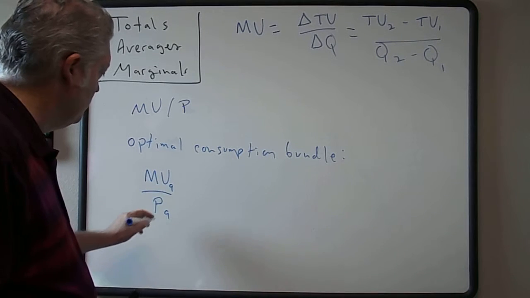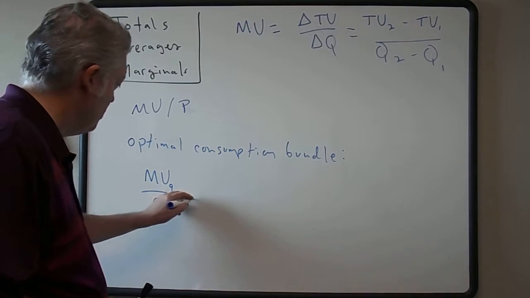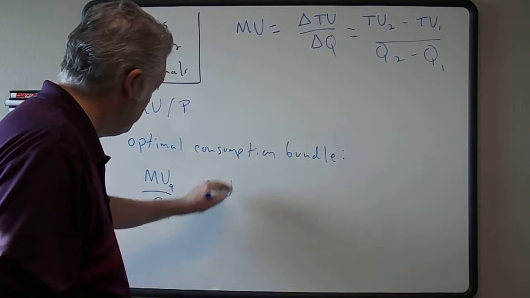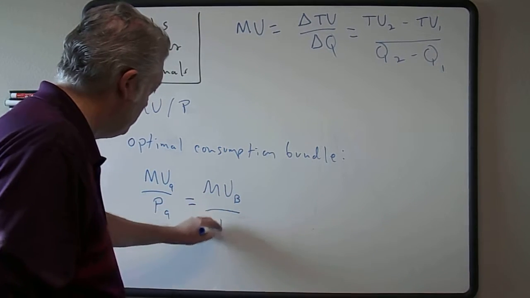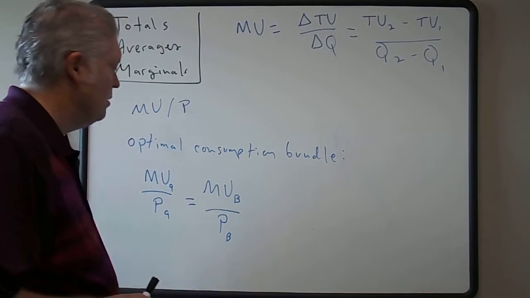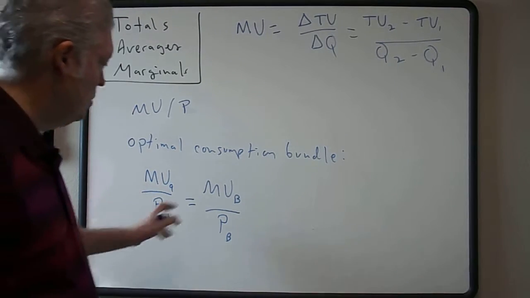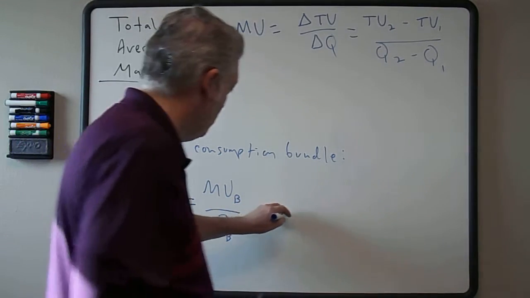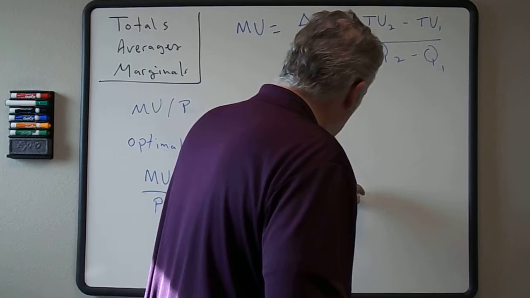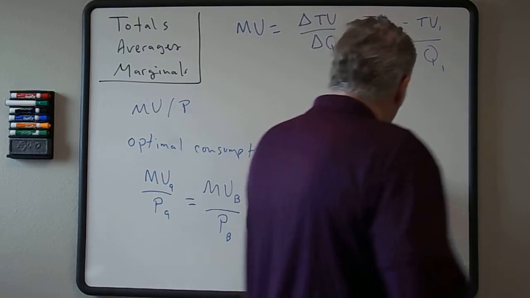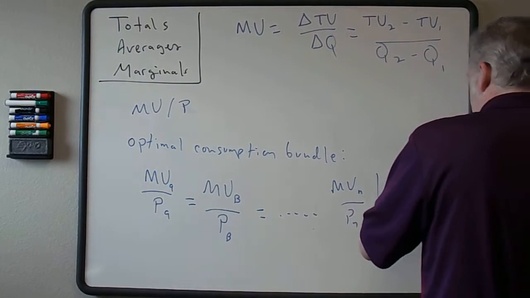So the marginal utility of good A divided by the price of good A should equal, even though the prices are different, the reason the prices are different, the theory goes, is because the marginal utilities are different, should equal the marginal utility of good B all the way up to the marginal utility of good N divided by the price of good N, where N is the number of goods in the bundle.